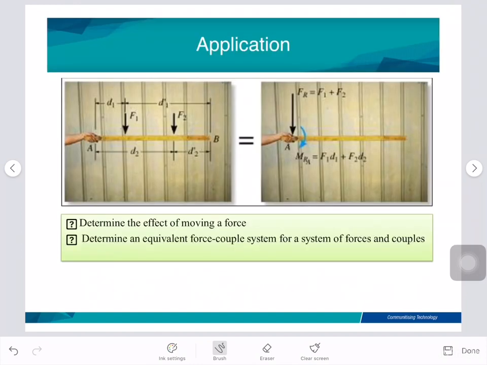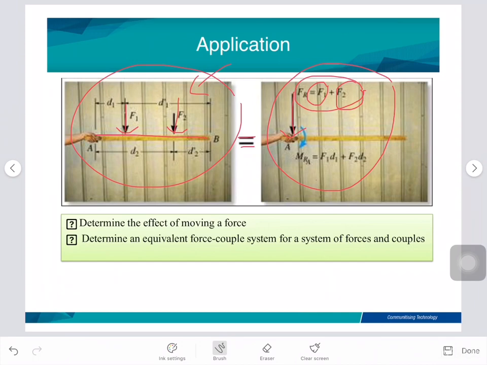So this slide shows the application of the effect of moving a force. This figure shows that we have F1 and F2 on the beam, and we can find the equivalent force system. Here we have the force resultant, which is equal to the summation of all the forces, so the force resultant is F1 plus F2.